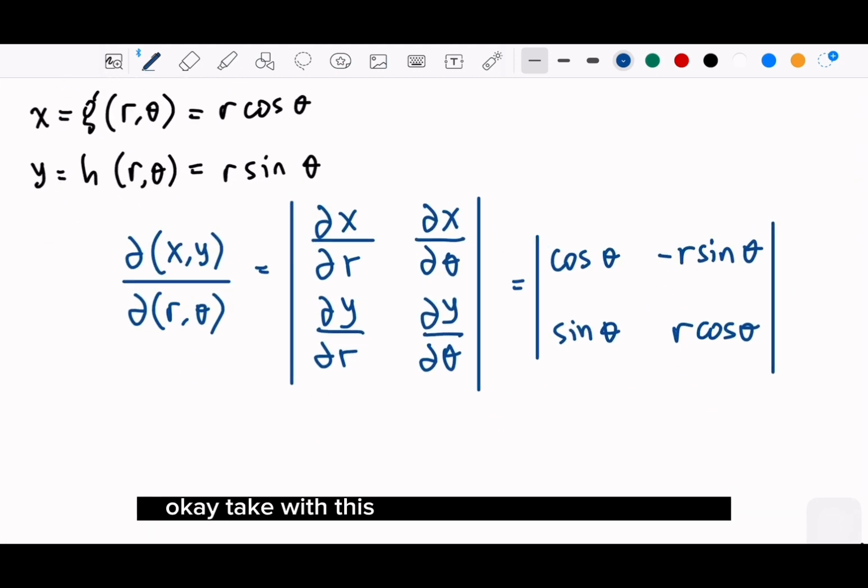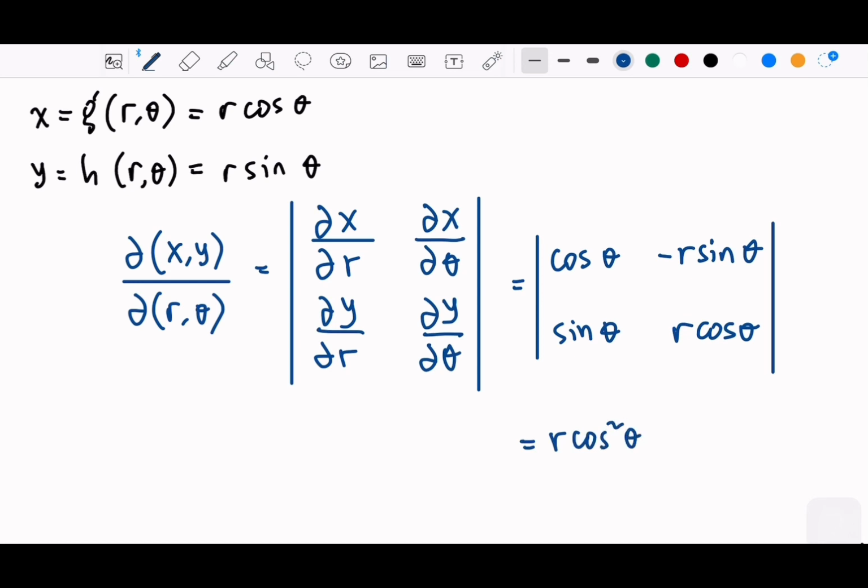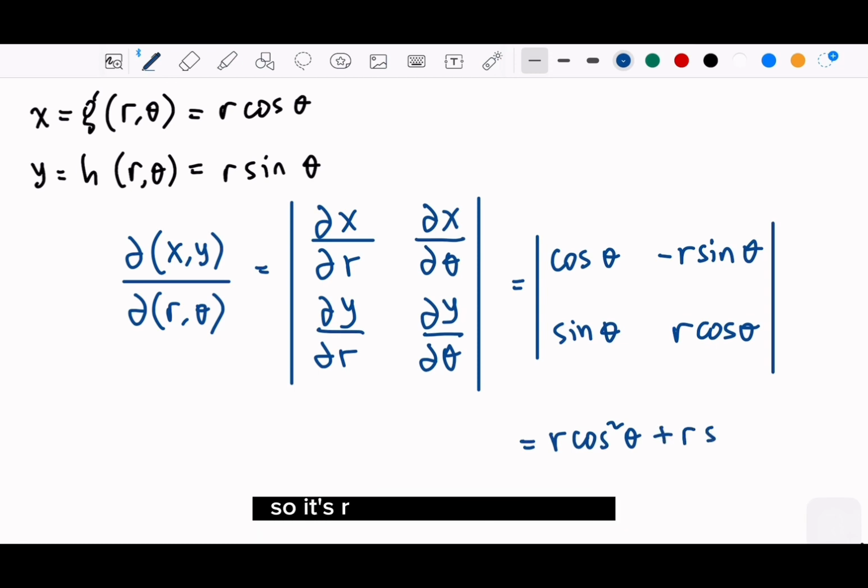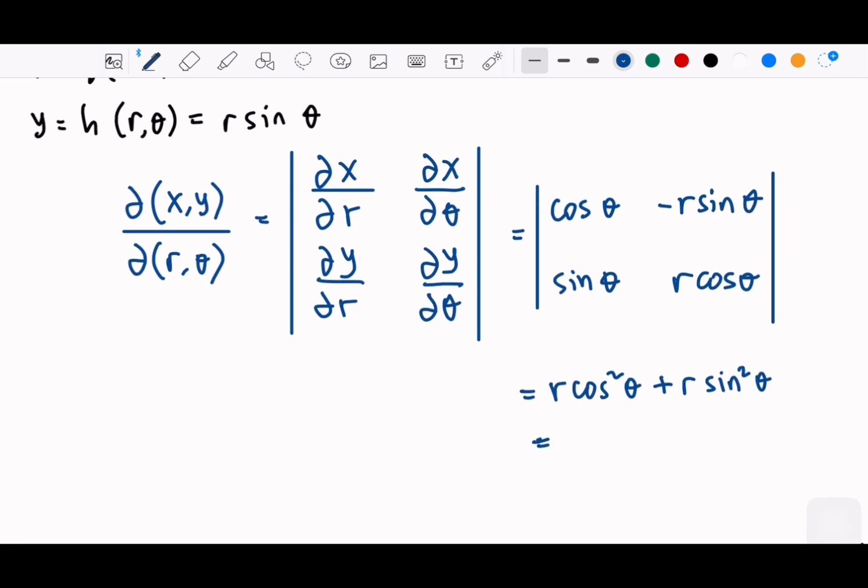Okay, take this result for the determinant. So we get r cosine squared theta minus, right? Because of the minus r sine. So it becomes plus r sine squared theta, which is r.